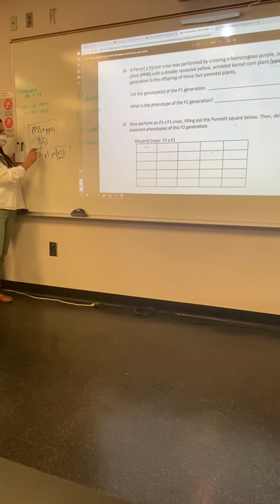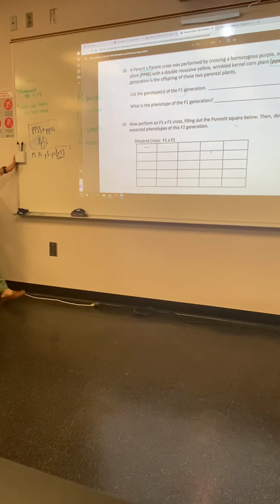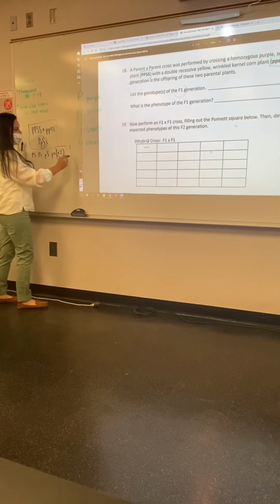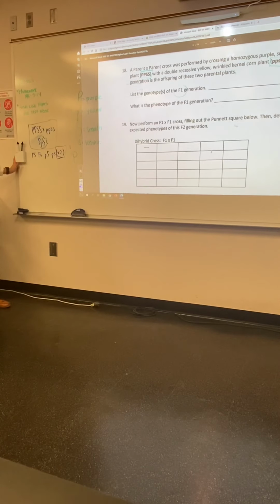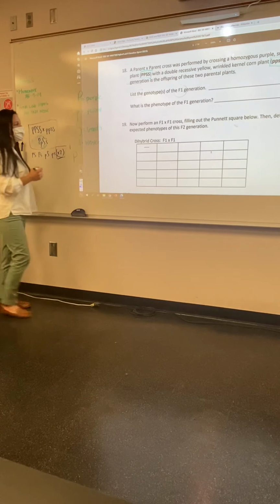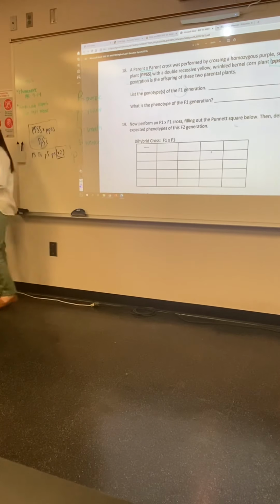Then my little p with a capital S, my little p with a smaller case. Okay? So what I'm looking at is I'm going to have a whole different combination here. Okay? I'm going to have two different combinations in each parent. So what I'm going to do is I'm going to pull this up.